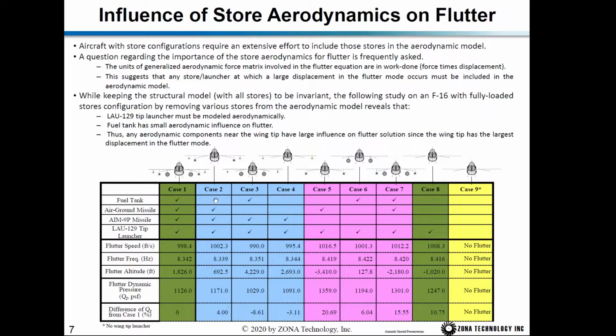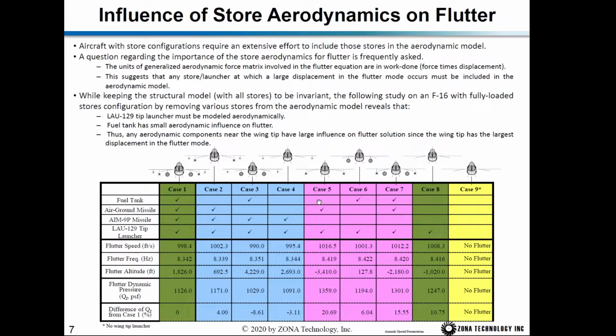Next, if we take the fuel tank out of the aerodynamic model, the error of the Flutter solution is only 4%. If we take out the air-to-ground missile, the error is 8.6%. If we take out both the fuel tank and the air-to-ground missile, the error is 3%.